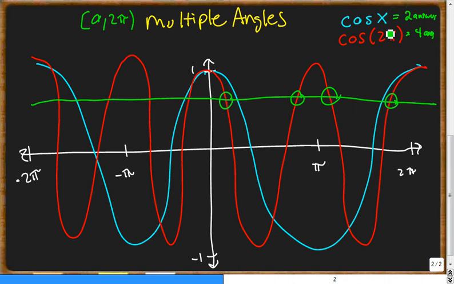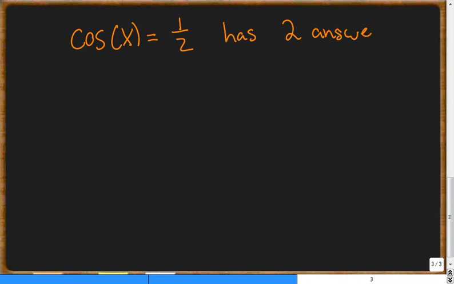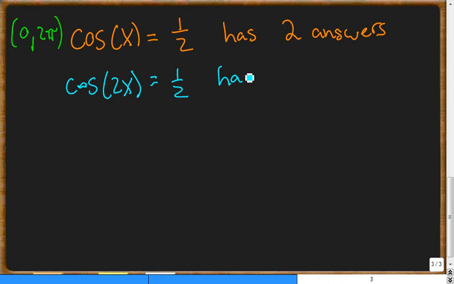So let's see, if we had the cosine of x equals 1/2, it has 2 answers for the unit circle. So this is all based off of 0 to 2 pi. Well, the cosine of 2x equals 1/2 has 4 answers.